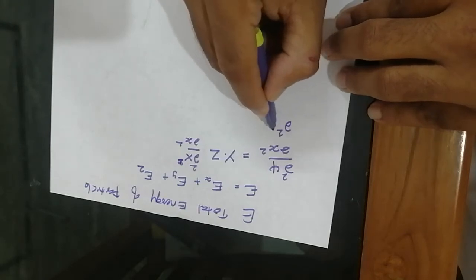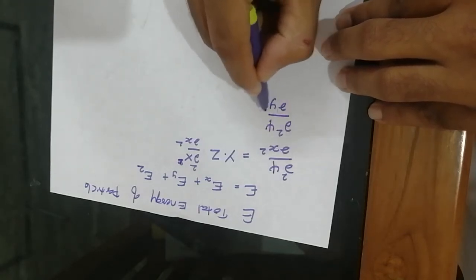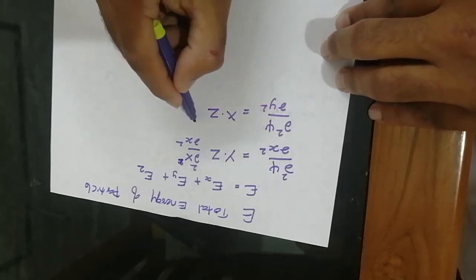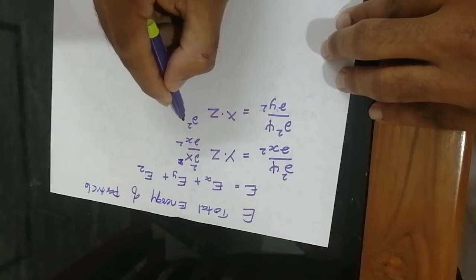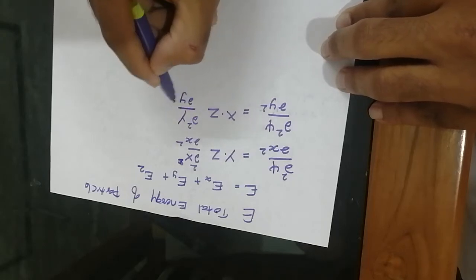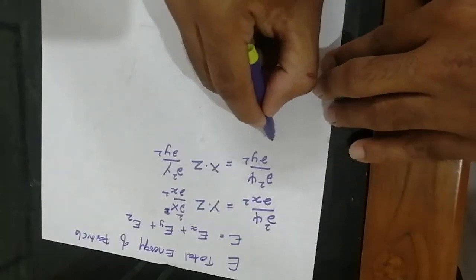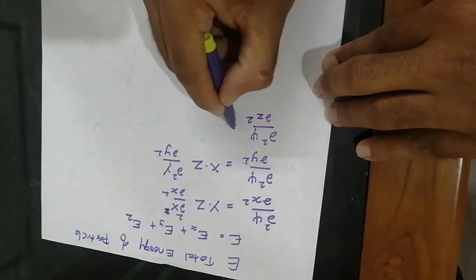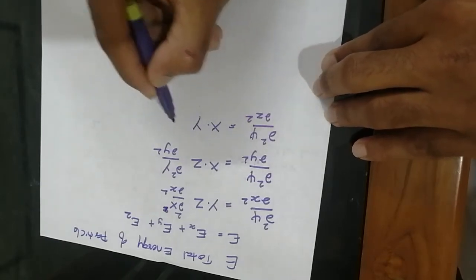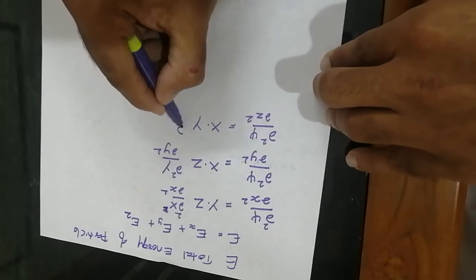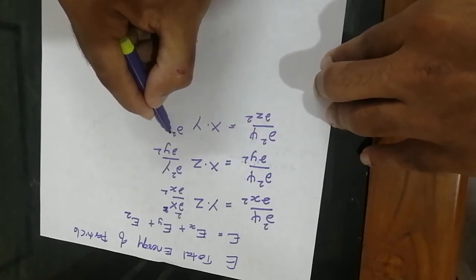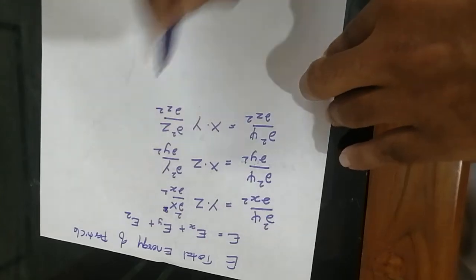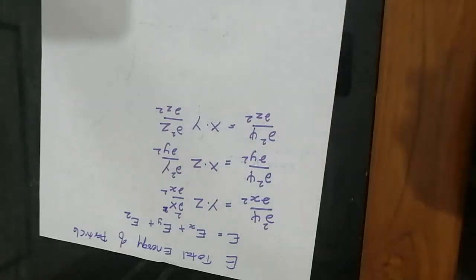Similarly, when you differentiate dou psi by dou y square, the X and Z components will be constant and only the y component is differentiated. Similarly for dou psi by dou z square, the X and Y components are constant and only the z component is differentiated.